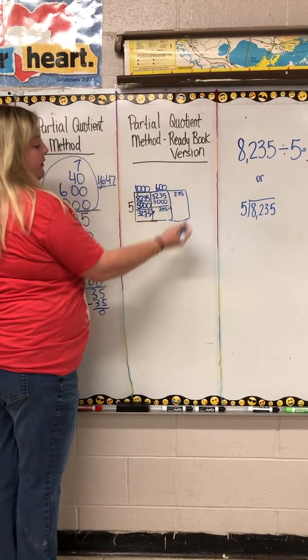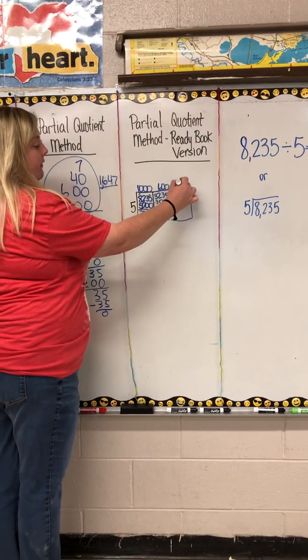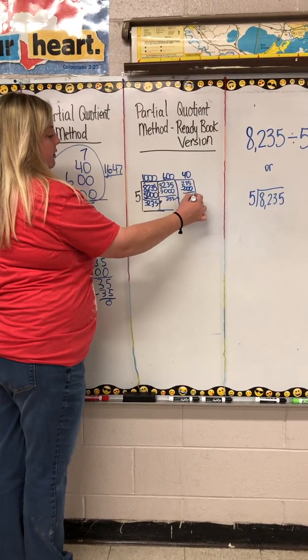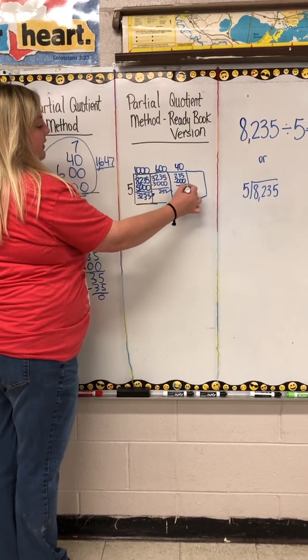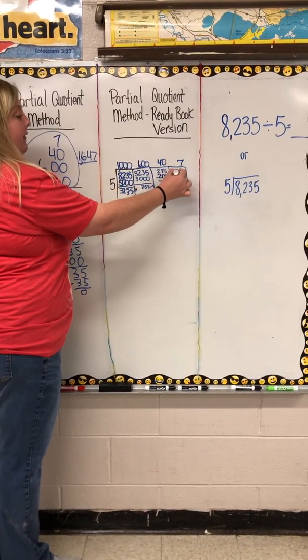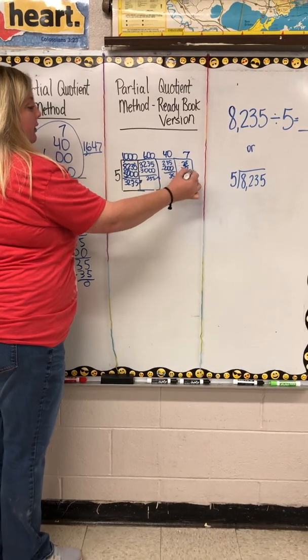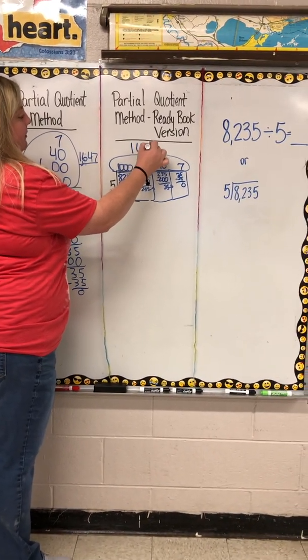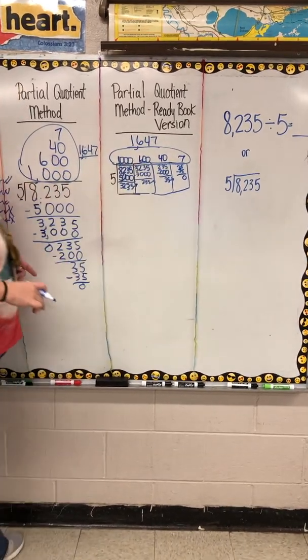Bring 235 up. 5 will go into 235 40 times, 200. And make one last box because 5 will go into 35 7 times. And again, I get partial quotients. I add them up to get my final answer.